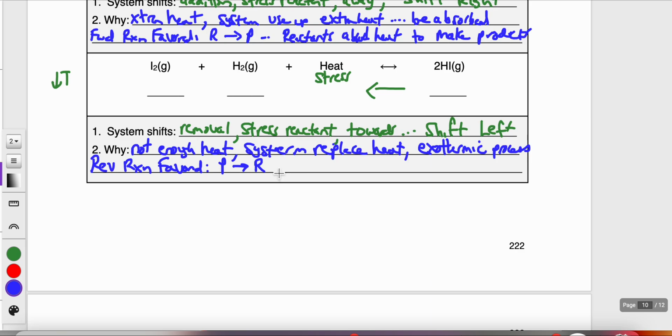So HI, the product, HI will release heat as it decomposes into the reactants.